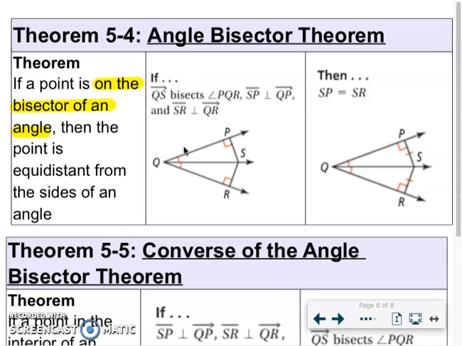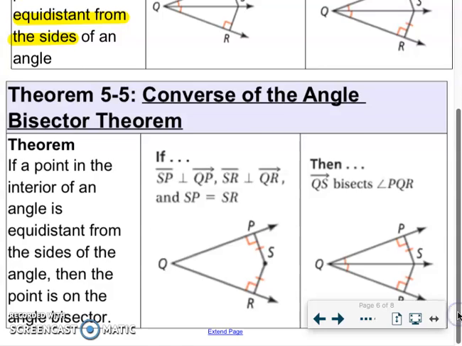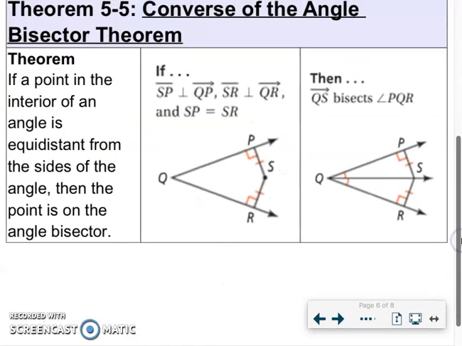That point is equidistant from the sides of the angle. And it works backwards, and I'll scroll back up in a second to explain. If a point on the interior of an angle is equidistant from the sides, then it is on the angle bisector.